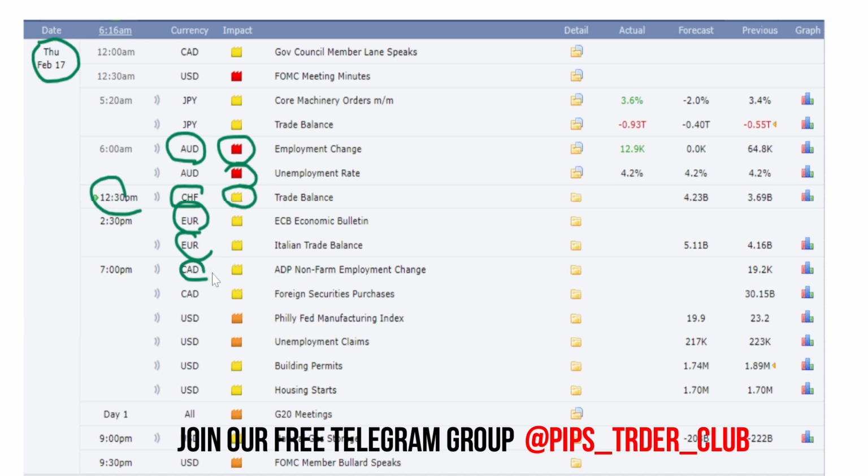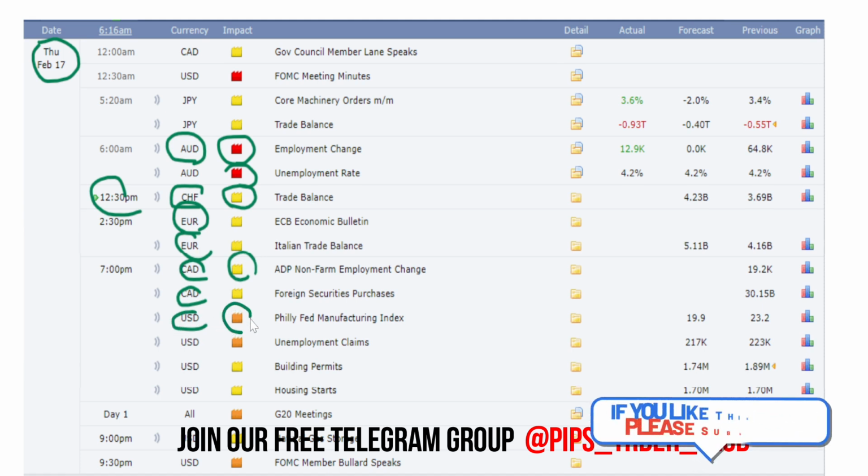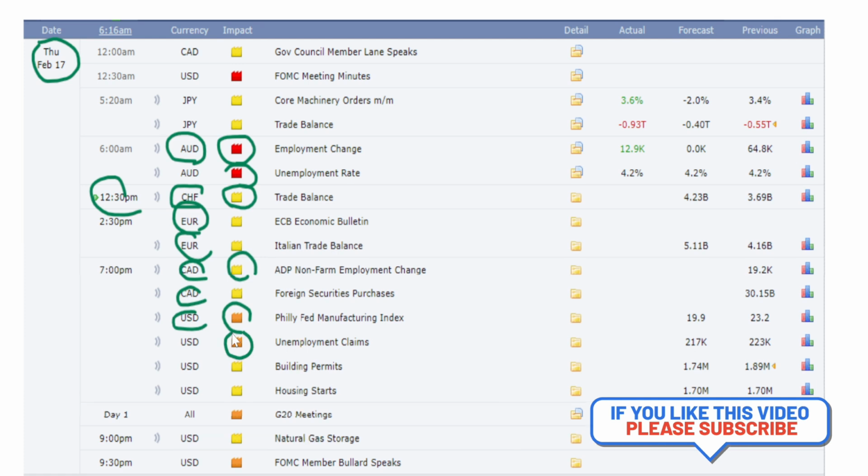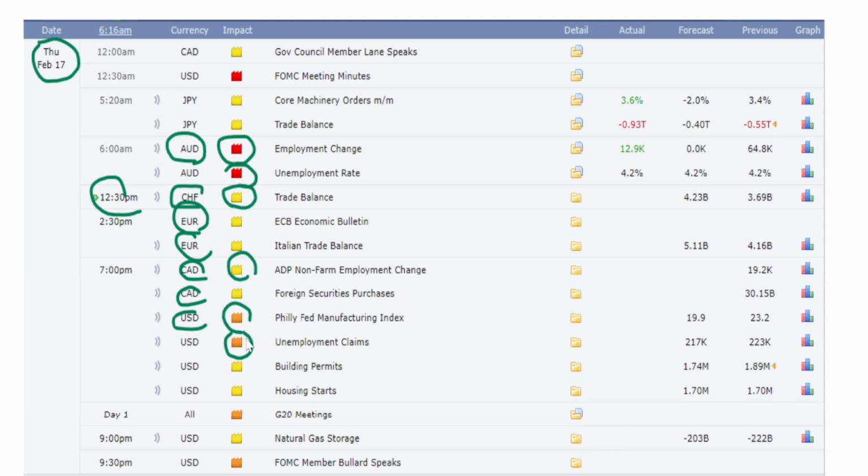At 7 p.m. we have low impacting news, again Canadian dollar news, and at 7 p.m. we have medium impacting news for the US dollar also coming up. So today is a combination of high impacting, low impacting and medium impacting news. Plan your entry and exit based on this news calendar.